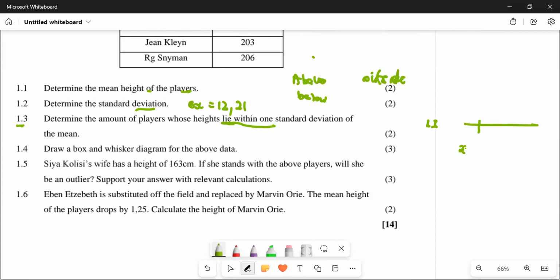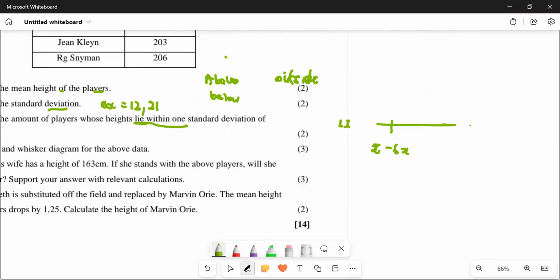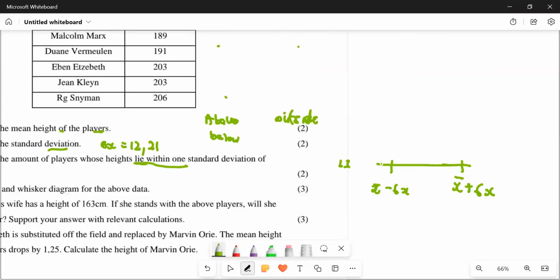We're going to put it on a number line and say we have the mean minus the standard deviation, and then we also have the mean plus the standard deviation. What is our mean? Our mean is 187,27 minus 12,21, and on the other side 187,27 plus 12,21.